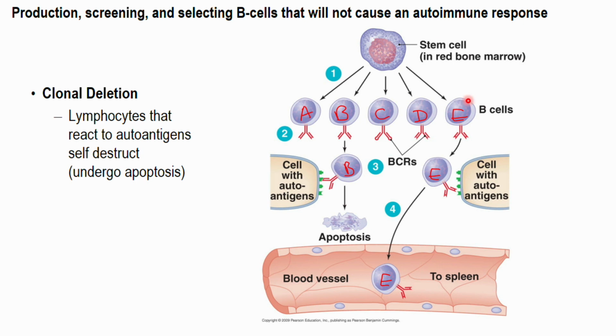So in this case, this particular B cell with its B cell receptor, that's this antibody sticking off the outside. Let's go ahead and write that down. When we're looking at a B cell with what looks to be an antibody on the outside, this is called a B cell receptor.